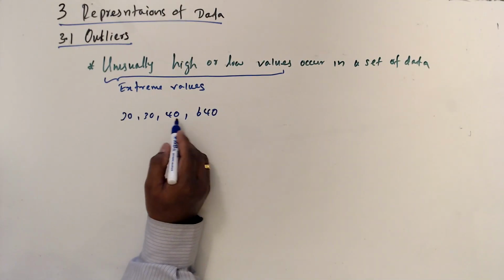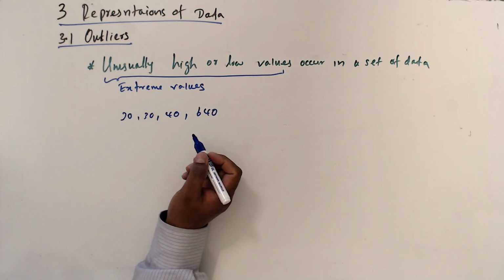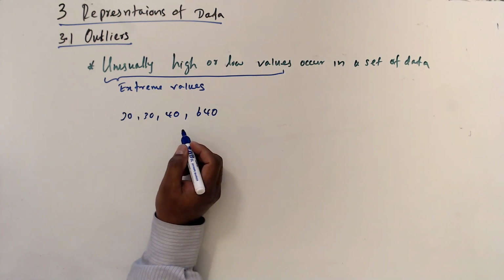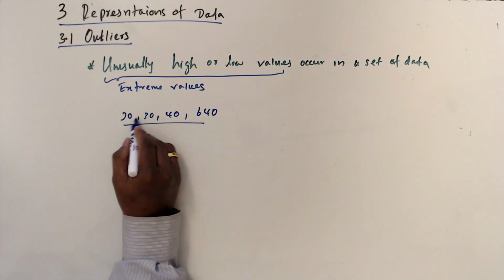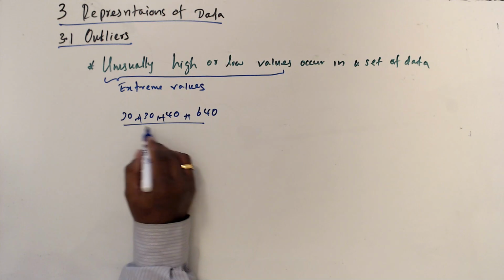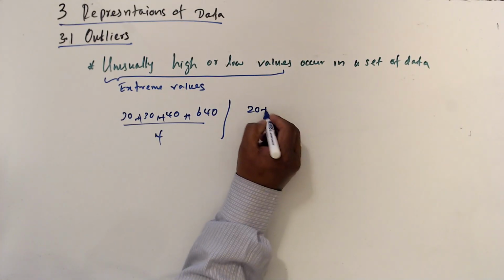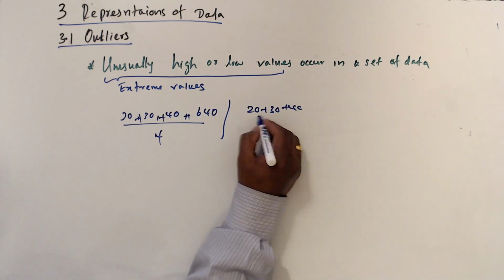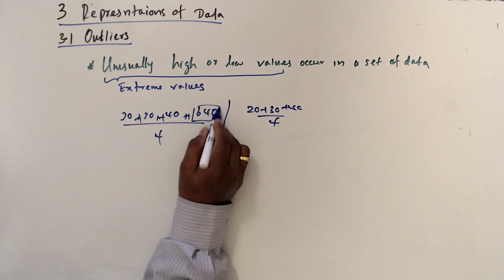It is clear that 640 is an unusual value. So rather than dividing the total by 4, it is more accurate to take 20 plus 30 plus 40 divided by 3, because 640 is very unusual.